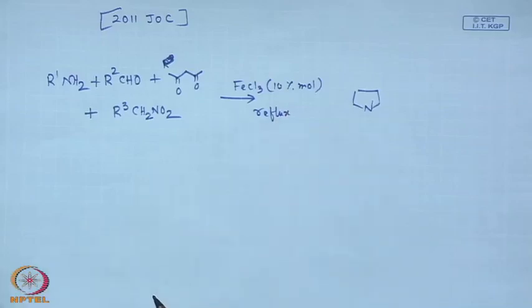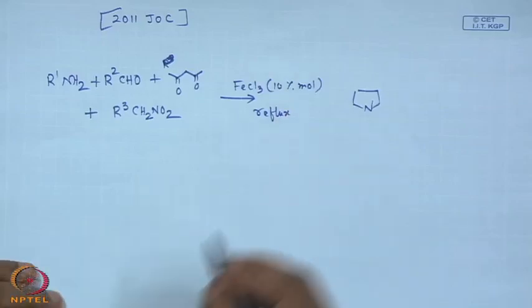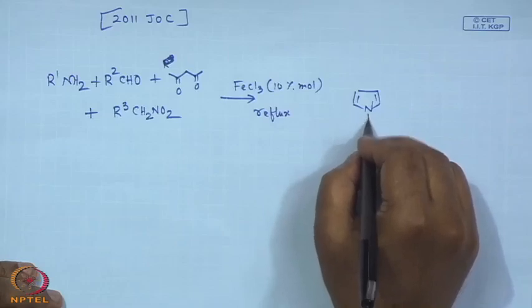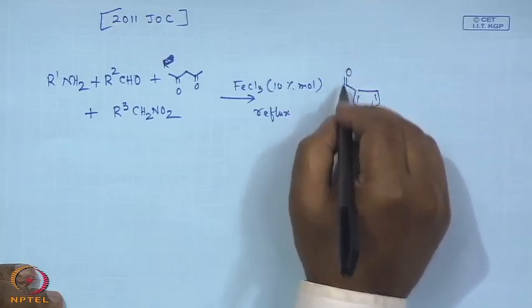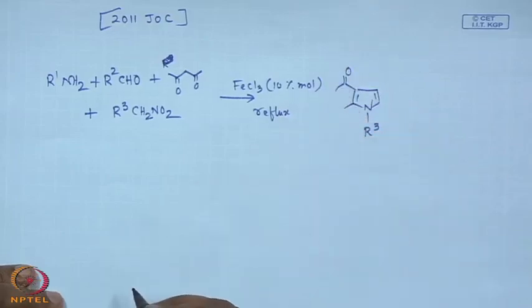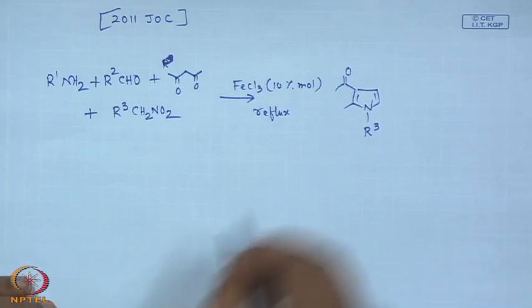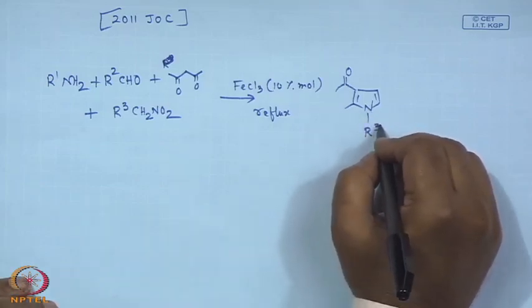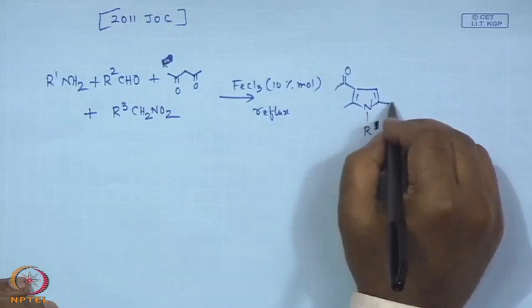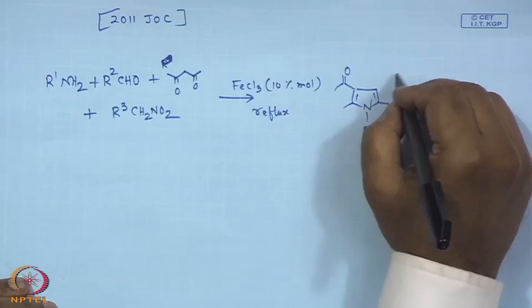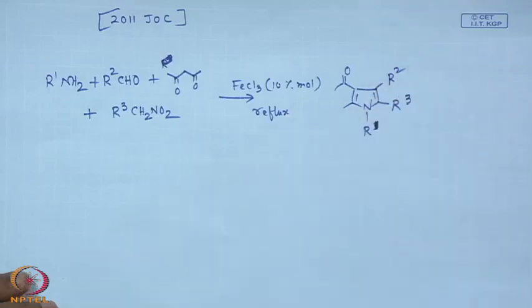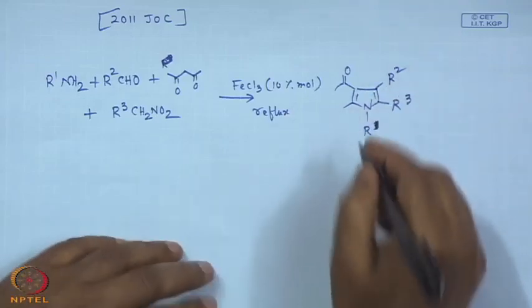I think the nitro compound is given in a little excess. What you get is this one, and sorry, this is R1, and this is R3, and this is R2, this is R2, this is R1.